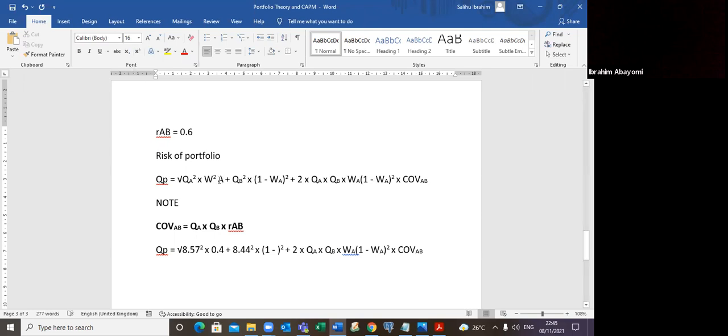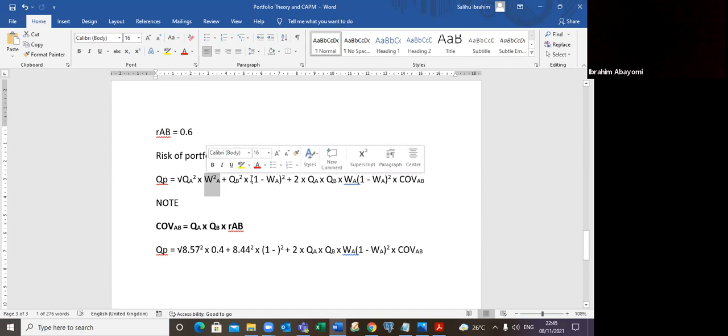Weight of A superscript A, yeah. So weight of A square.